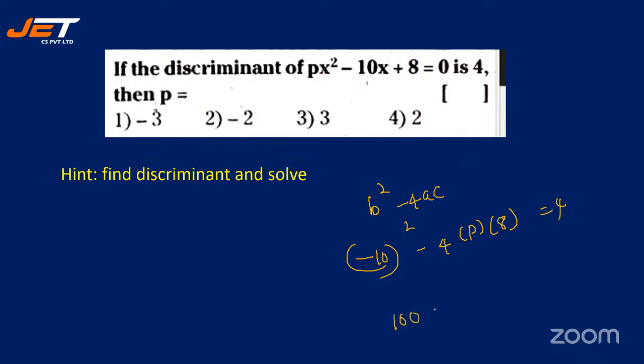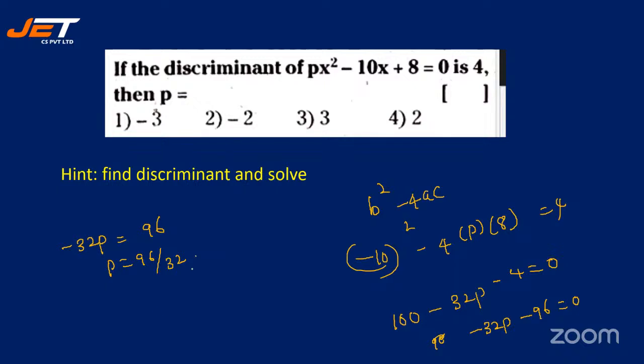So 100 minus 96p minus 4 is equal to 0. 100 minus 4 is 96. So minus 96p plus 96 is equal to 0. So 96p is equal to 96. p is equal to 96 by 96.